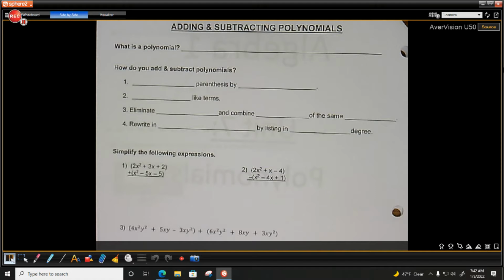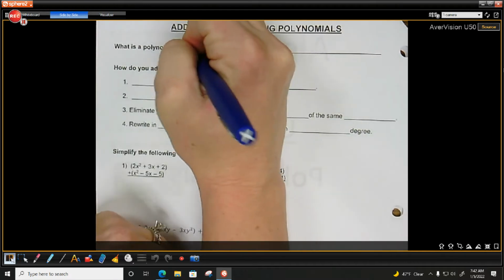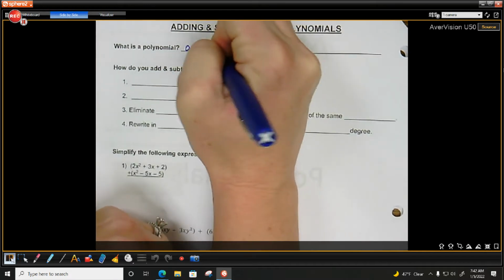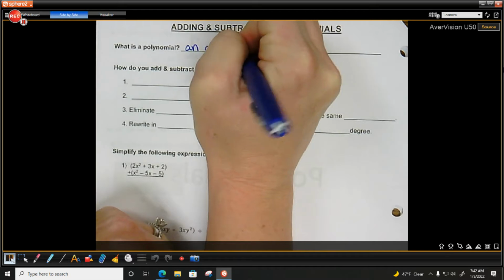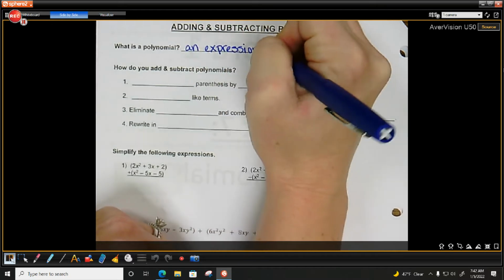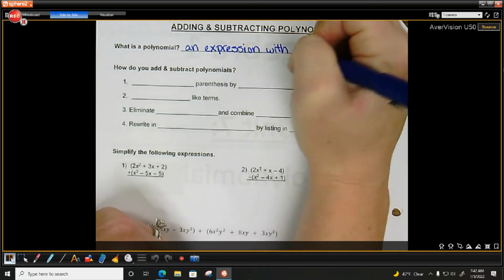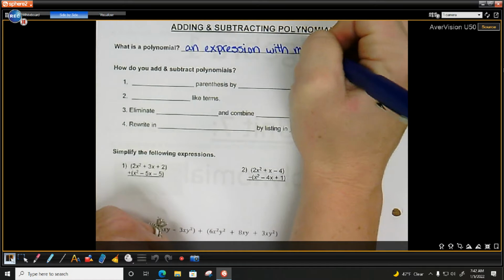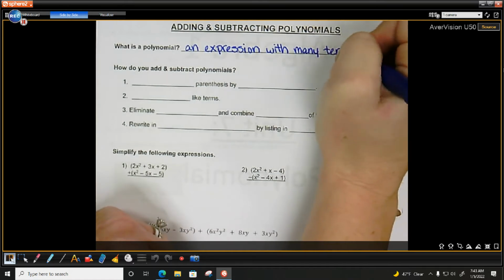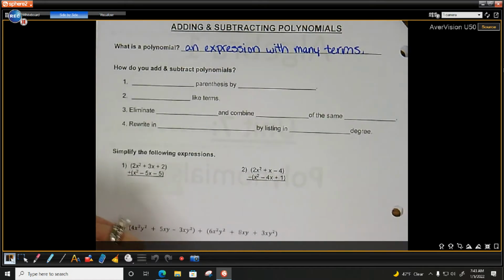Poly means many, so 8 would be many. So it's an expression with many terms. So anything that has terms is called a polynomial.